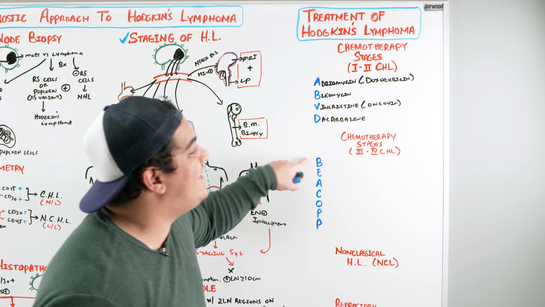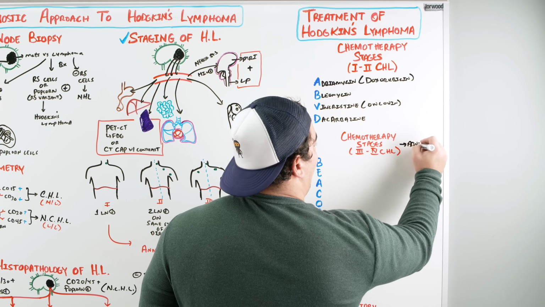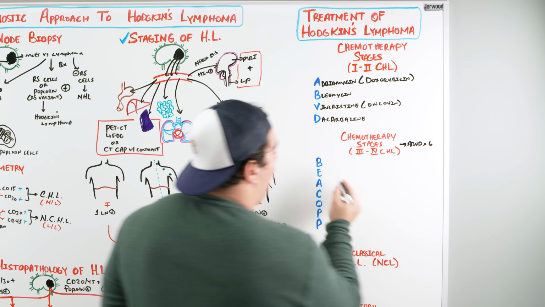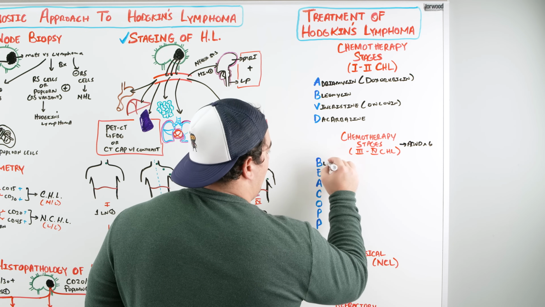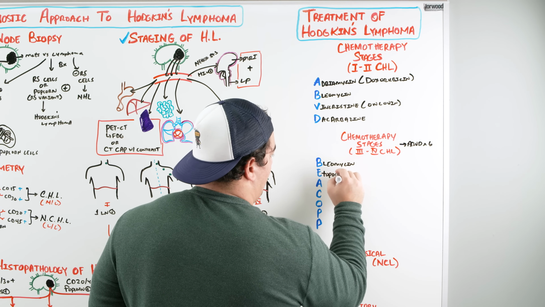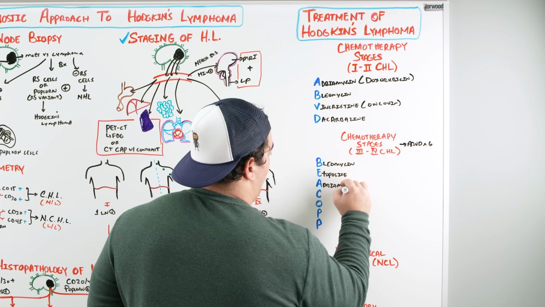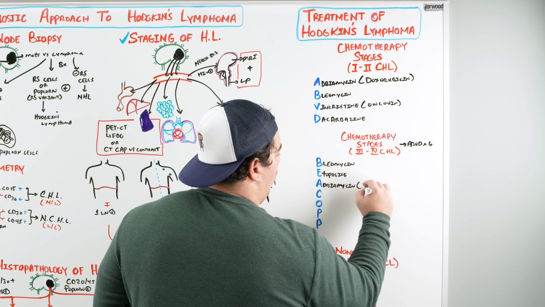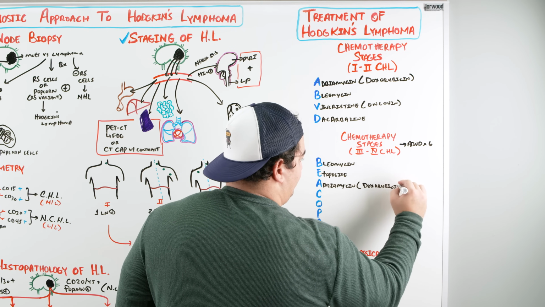For this one, if you really wanted to, you can do ABVD again times 6 cycles, or you could do BEACOPP. So this is bleomycin, this is etoposide, this is adriamycin, and again, just be aware that this is the brand name for the generic drug called doxorubicin.